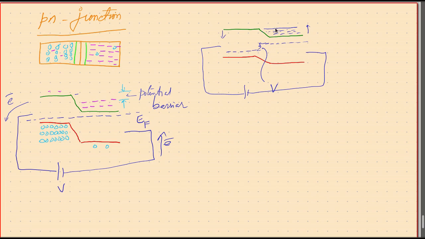Once you reach this situation, if you try to increase any further, it goes above this level, which means now it is free to flow. These electrons will get into the P-type material, and because of the attraction by the positive potential here, these electrons get pulled, and they cannot remain in the P-type material because they don't belong to this material, and hence they come out.